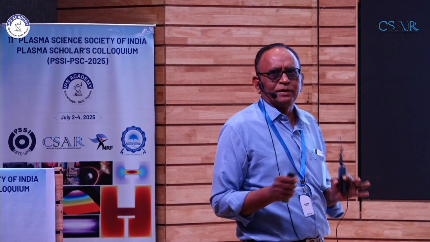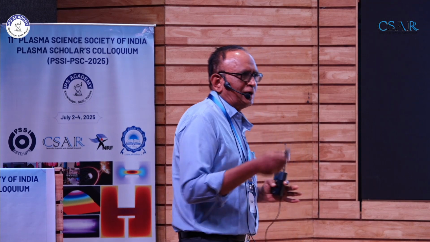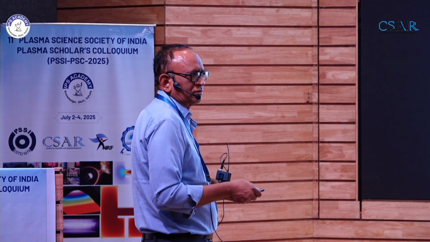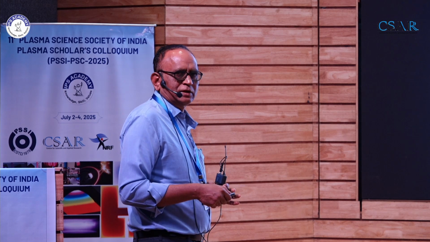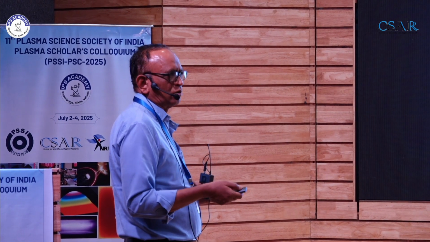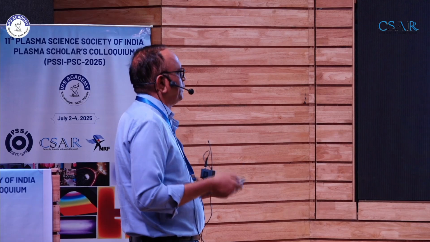The frequency is fixed, that is 13.56 megahertz, or its multiple. Why is it so? Because that is the frequency that is allowed for industrial applications. If you try to use any other frequency, that will interfere with the communication frequencies used by the security agencies, and you will be in deep problem.